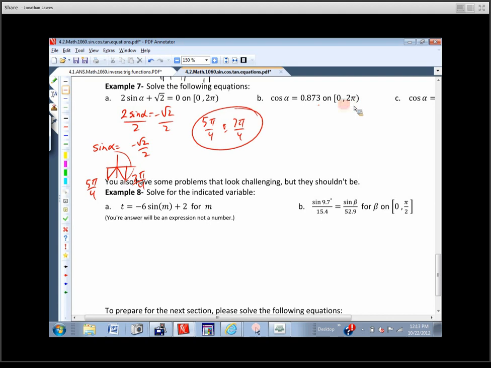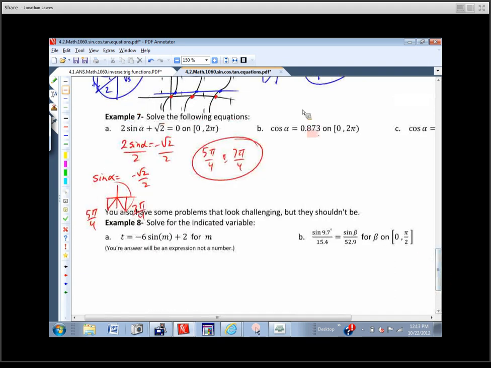Now, this can be a struggle because this is certainly not a ratio I recognize. And you have to use your calculator to figure this out. And your calculator gives you answers in radians that are really ugly looking. They're just decimal numbers. So let's think about this for just a second. It might be helpful to at least think of a picture that would look like this.